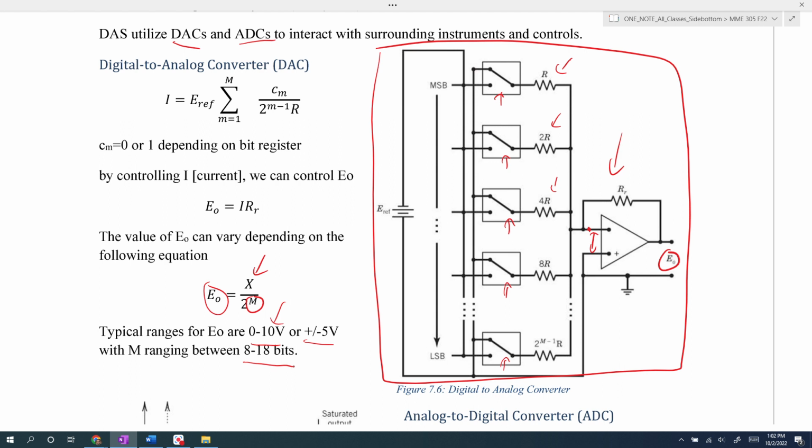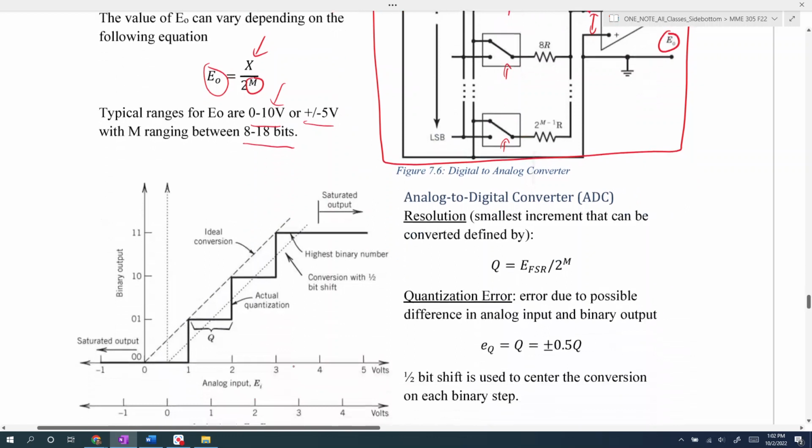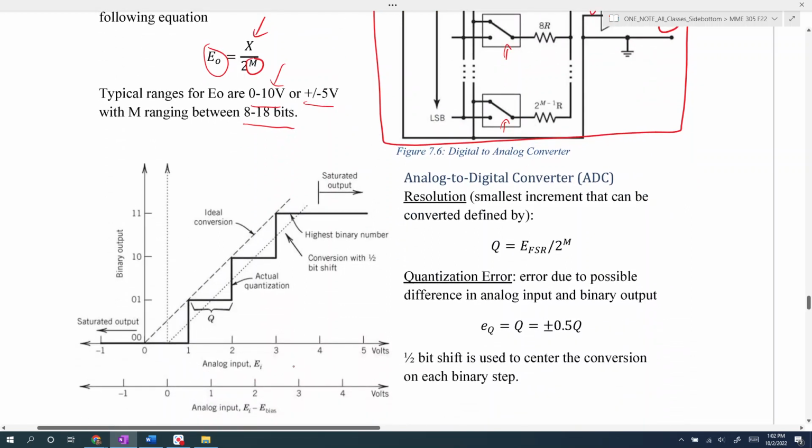For an analog to digital converter, it's doing the opposite. It's taking an analog signal and converting it to a digital word. The resolution of an analog to digital converter depends on the number of bits and the full scale range of the converter.